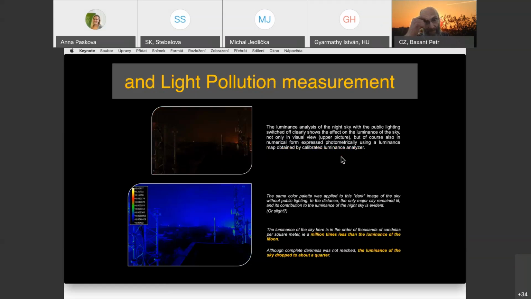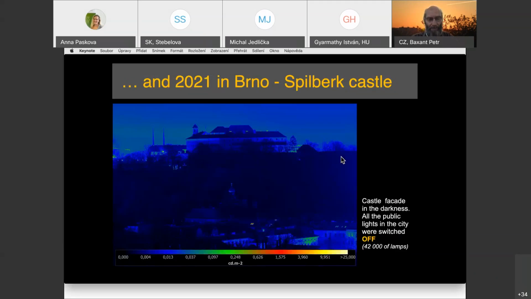But after this time, we improved our measurement, the sensitivity, the precision and uncertainty of our devices. And we can repeat a similar, but maybe smaller, measurement task or experiment in Brno, in cooperation with Brno City Municipality and the technical network of Brno.